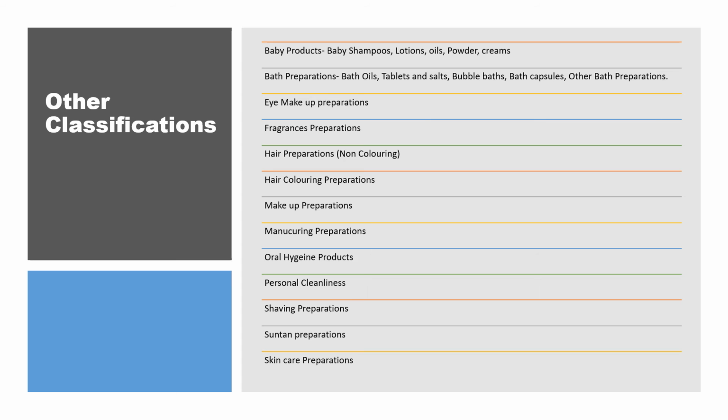Apart from that, various other types of hair coloring preparations like hair dyes and colors, hair rinses, hair tints, hair color sprays, hair lighteners with colors.